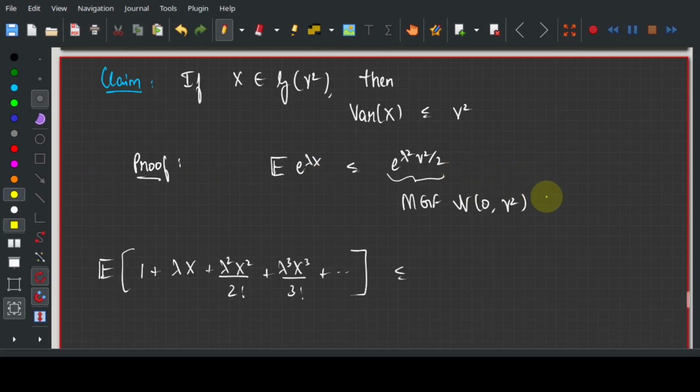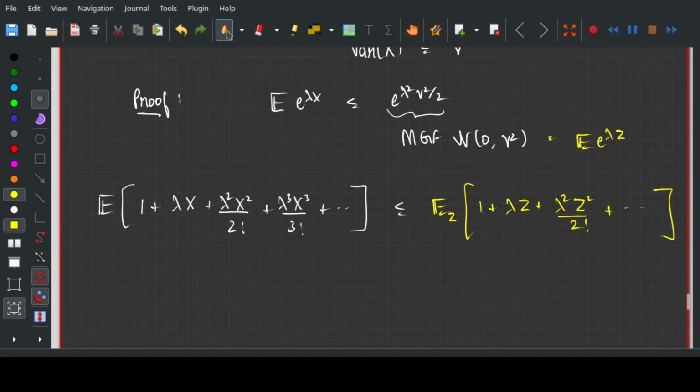So the right hand side is expectation of e to the lambda times z, where z is a Gaussian random variable with mean 0 and variance v square. So this is less than or equal to expectation over z of 1 plus lambda z plus lambda square z square by 2 factorial and so on. Right? And this is true for every lambda greater than 0.